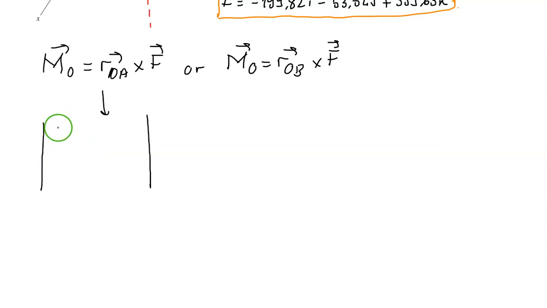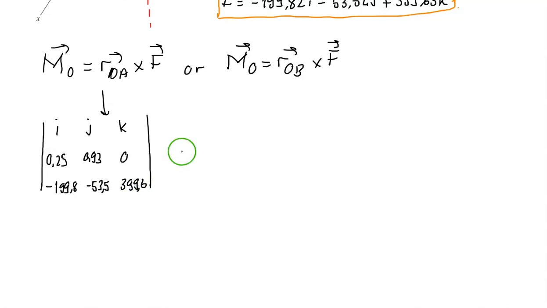So I'm going to have IJK up here, then 0.25, 0.930, and minus 199.8, minus 53.5, and 399.6.